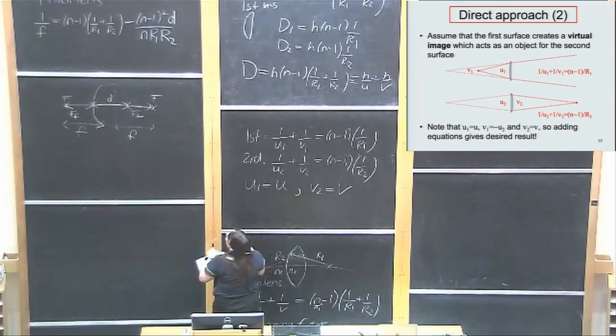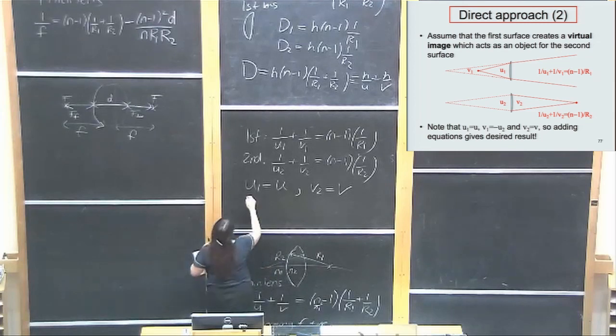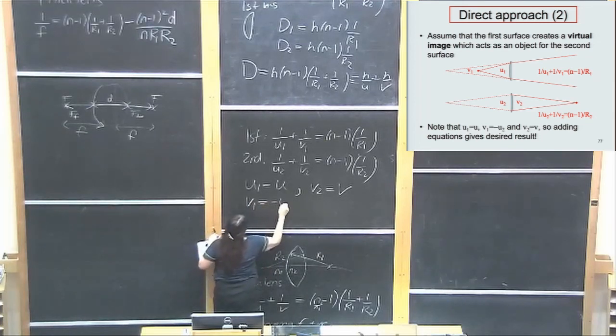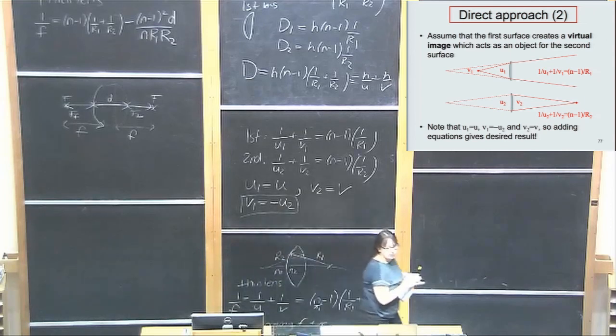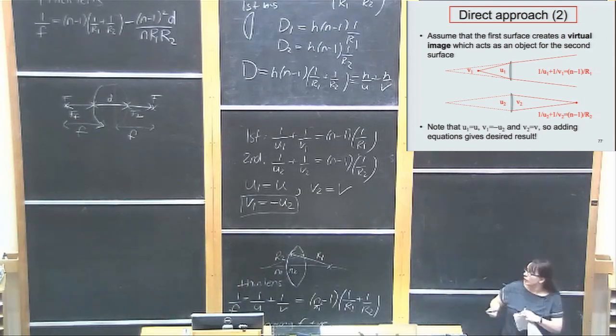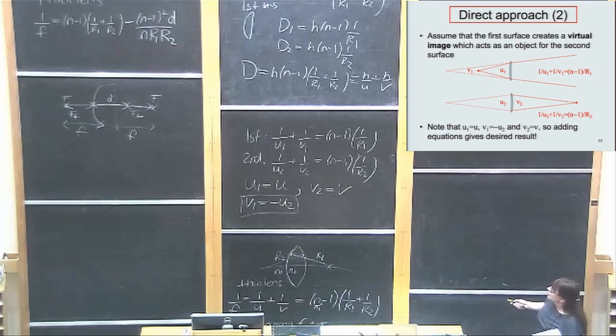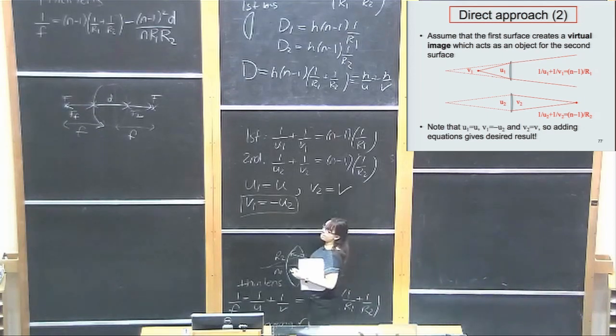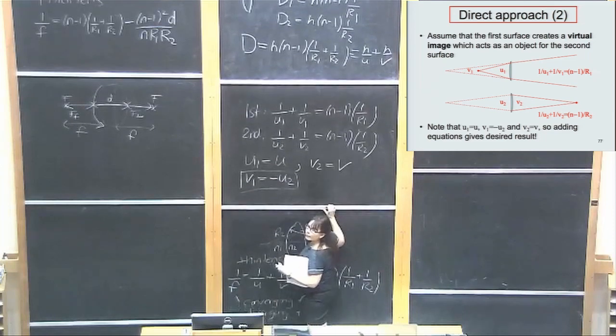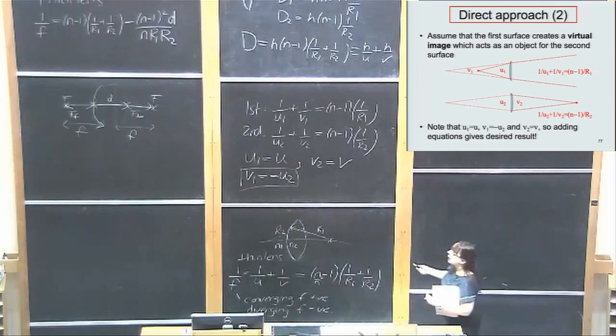And then the other thing to notice is that v1 equals minus u2. So can someone just explain that and explain the sign for me, bearing in mind we're working in the real is positive sign convention. So why have I set that? Anyone?